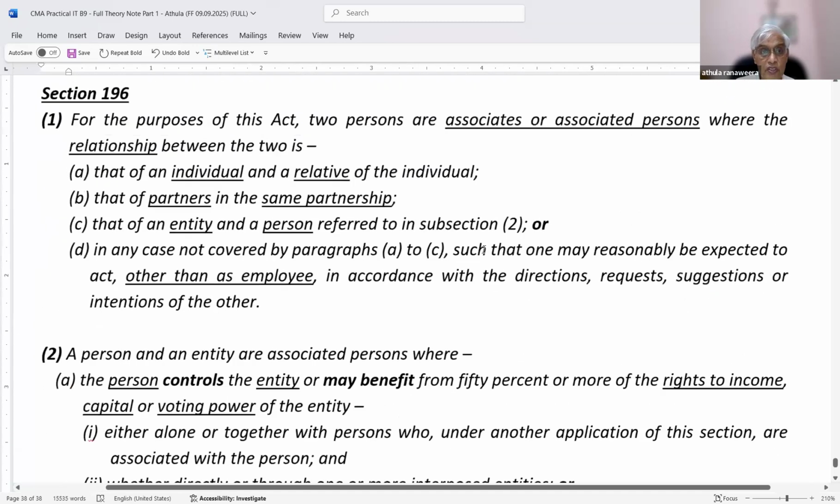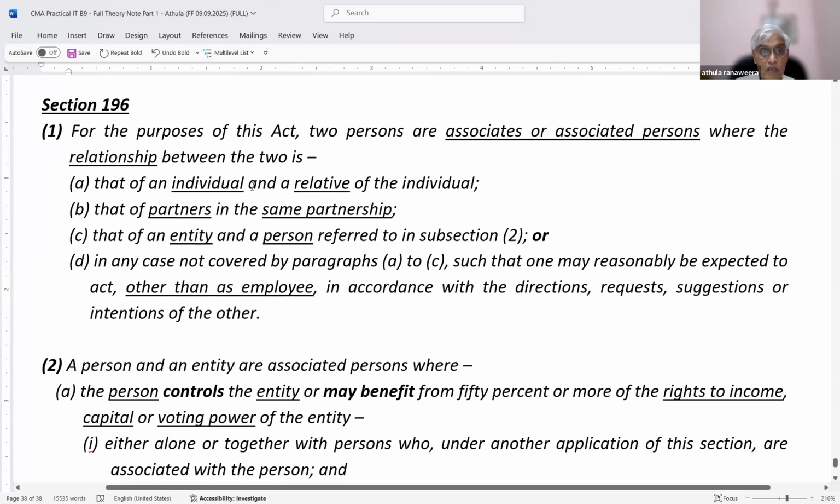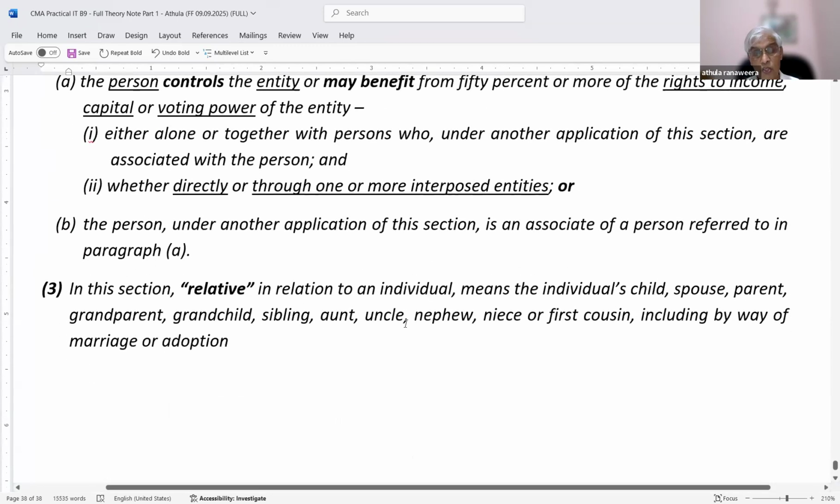Now, this is the definition. In the case of individuals, all relatives, see how this has gone into 3, 4 generations. Child, parent. For me, the parent and child, that means 3 generations. Then grandparent, 4 generations.